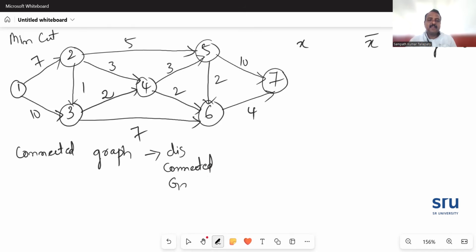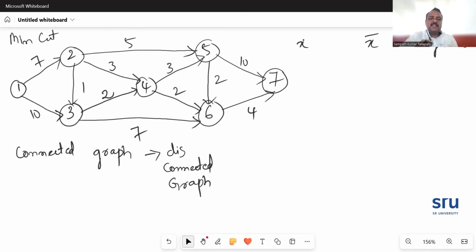Disconnected graph means that we are going to divide this graph into two parts. So whenever I want to apply the min-cut algorithm, we need to divide the graph into two parts. Now we'll see how we are going to divide it into two parts.